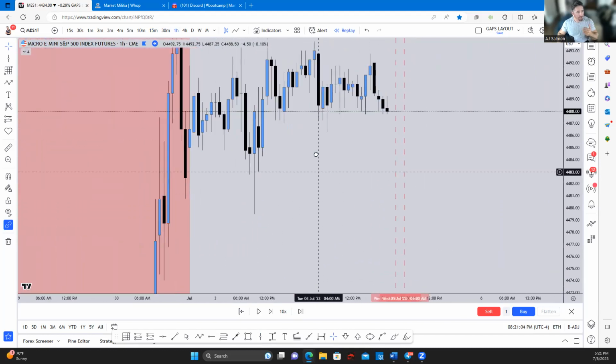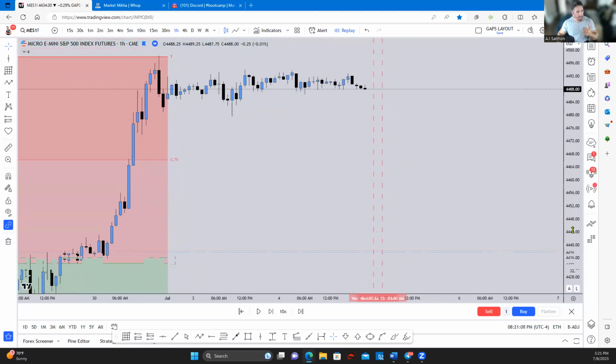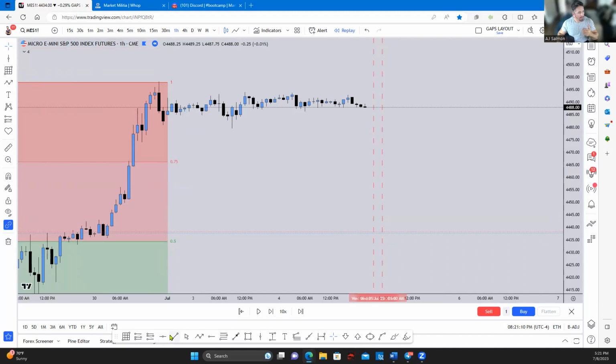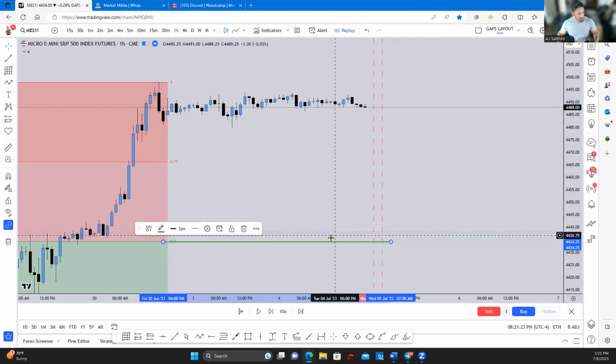So price will want to come back to an equilibrium. What does that mean? It's going to want to come back to at least 50% here, to balance itself out. Price will be coming down here to equilibrium.